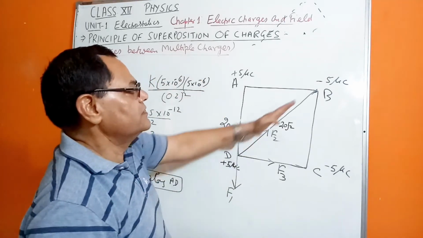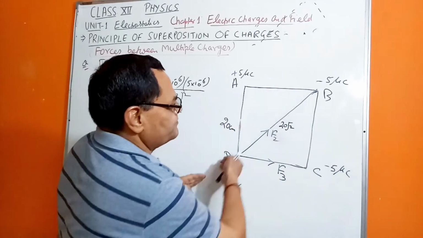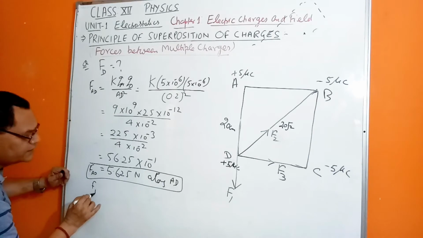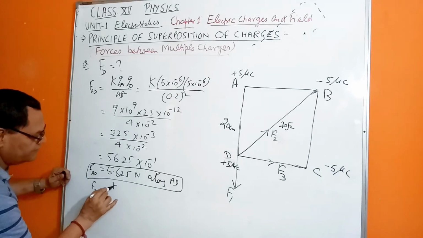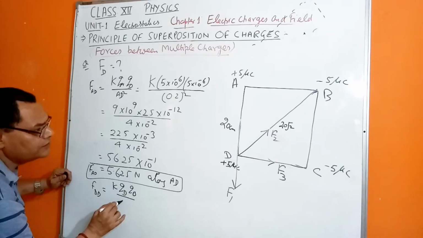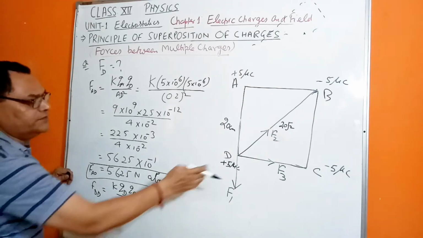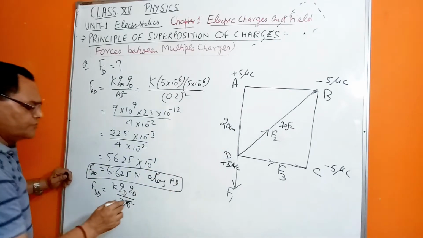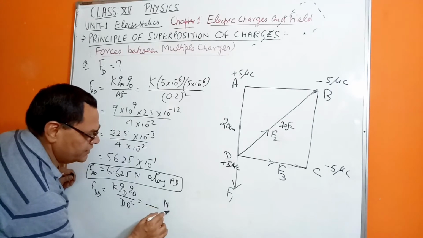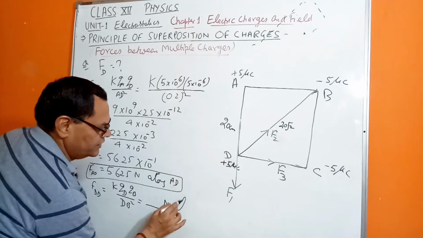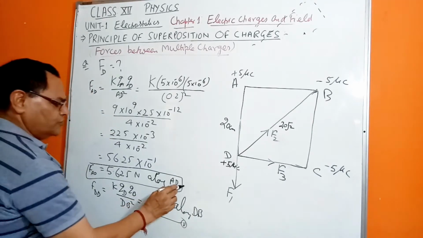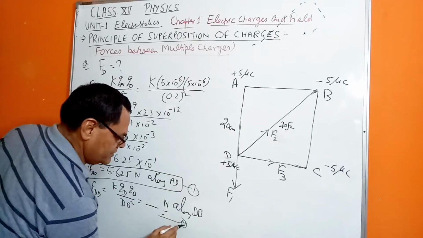Then we can find out FDB, which is pointing this way. So you will have K QD QB upon DB squared. So DB is 20 root 2. Instead of wasting time, definitely you will get some newtons, and the direction is of course nothing but along DB. So this is the first force, this is the second force.